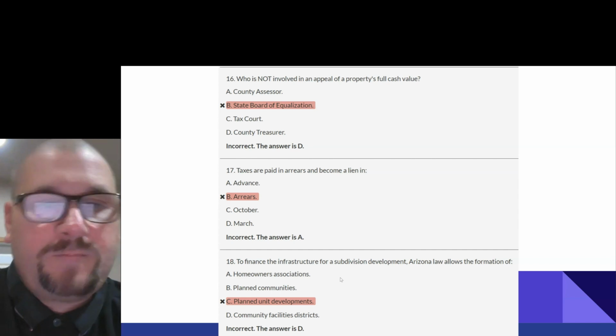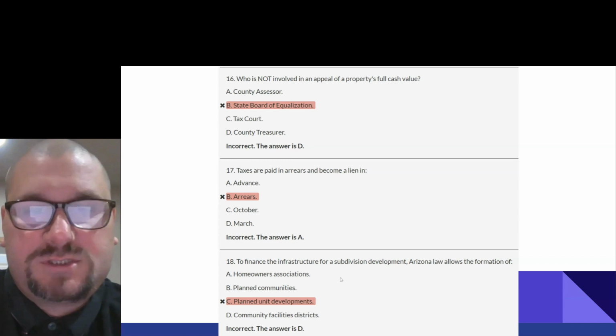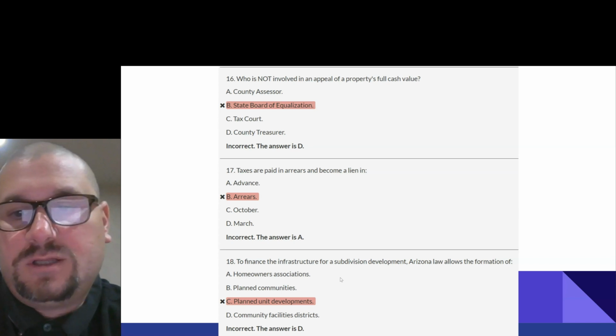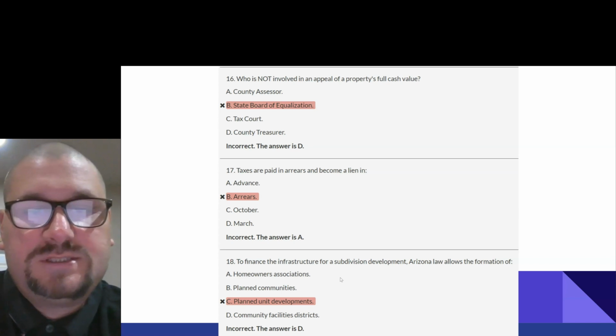In advance. To finance the infrastructure for a subdivision development, Arizona law allows the formation of what?